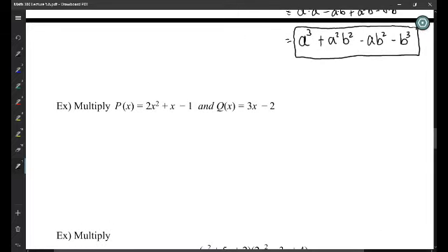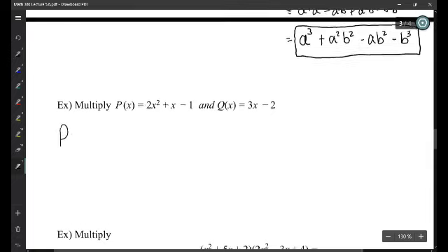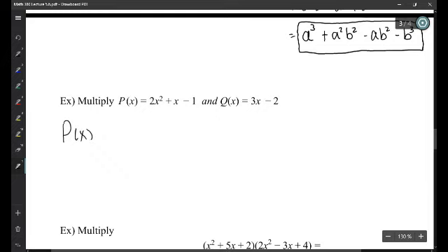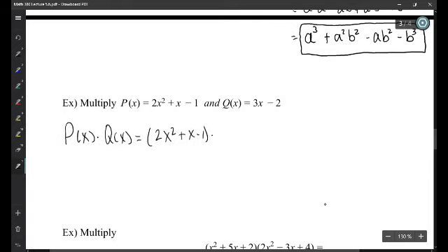Okay, so multiply two functions together. So we're asked to find p of x times q of x. To do that, simply substitute in the expressions for p and for q. So for p, we have 2x squared plus x minus 1 times 3x minus 2.